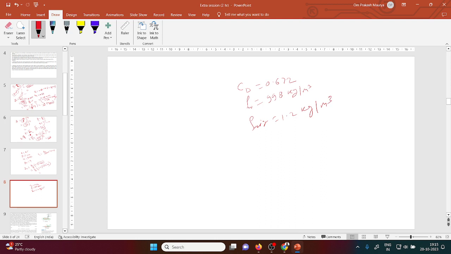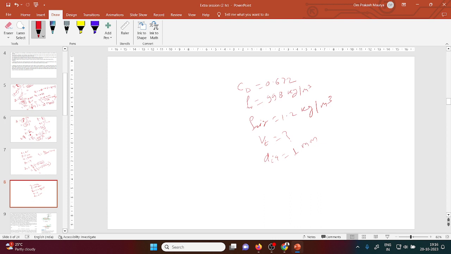And the terminal velocity you need to calculate, and the diameter of the raindrop is 1 mm. Which option is correct for this? I think A is correct, sir. But I think it is given 4.02. B is correct, they say.